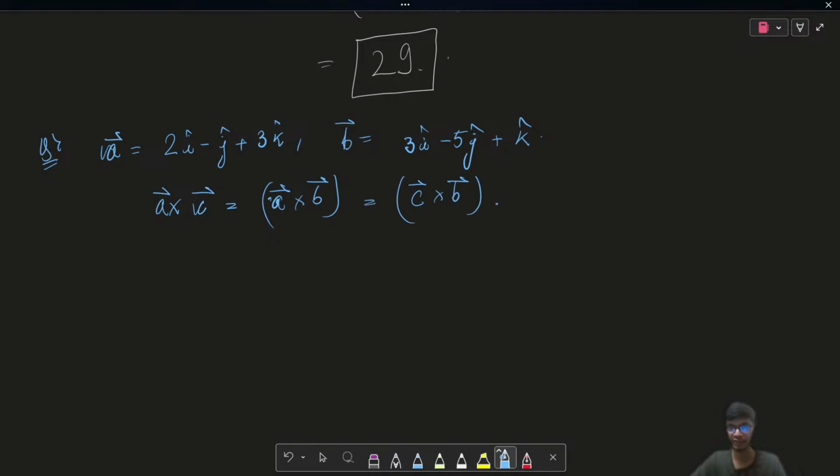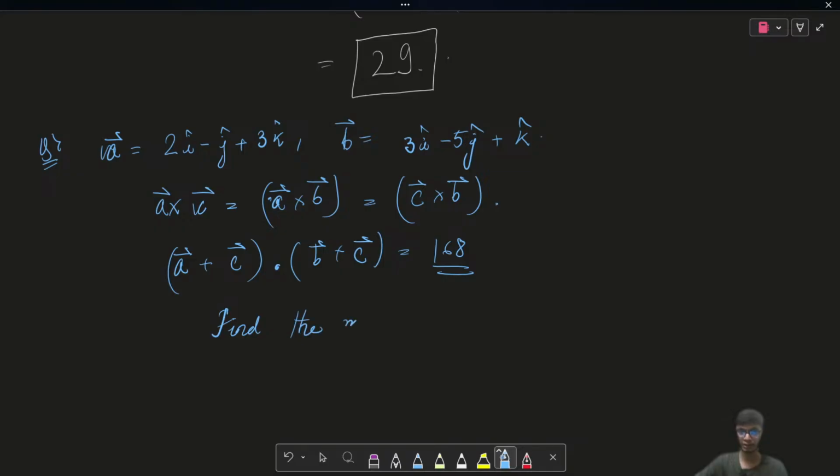So c vector is such a vector which is given by this relation, and you also have a relation that mod of a vector plus b vector plus c vector is equal to 168. Based on this relation, find the maximum value of mod of c whole square.